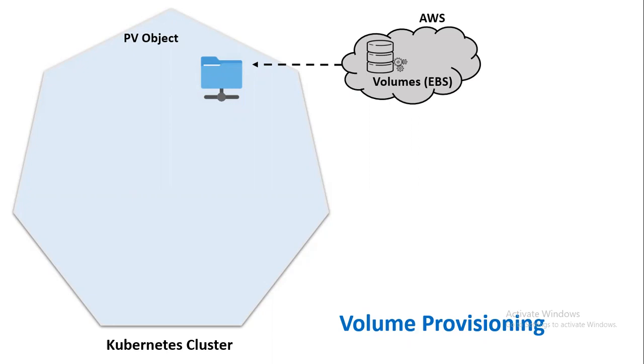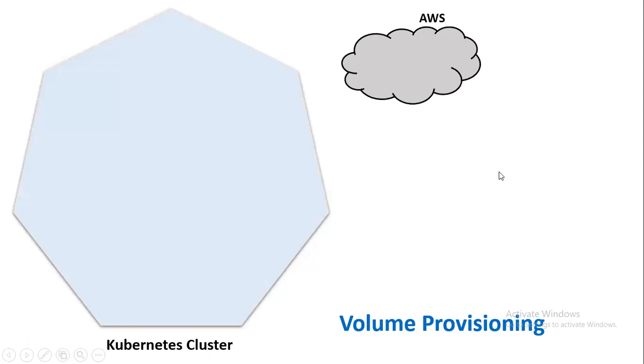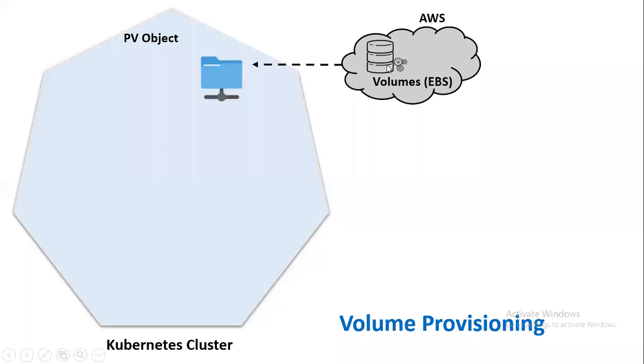Now, first in EBS, let's say I will create a volume of storage of 10 GB, for example. Then in the Kubernetes cluster, I can create an object called PV, or persistent volume. And for that, if I refer to this AWS storage, then if you use this persistent volume within your cluster in Kubernetes, you will get 10 GB of storage. And where is it going to be stored? It is going to be stored on AWS, not in the cluster. Okay.